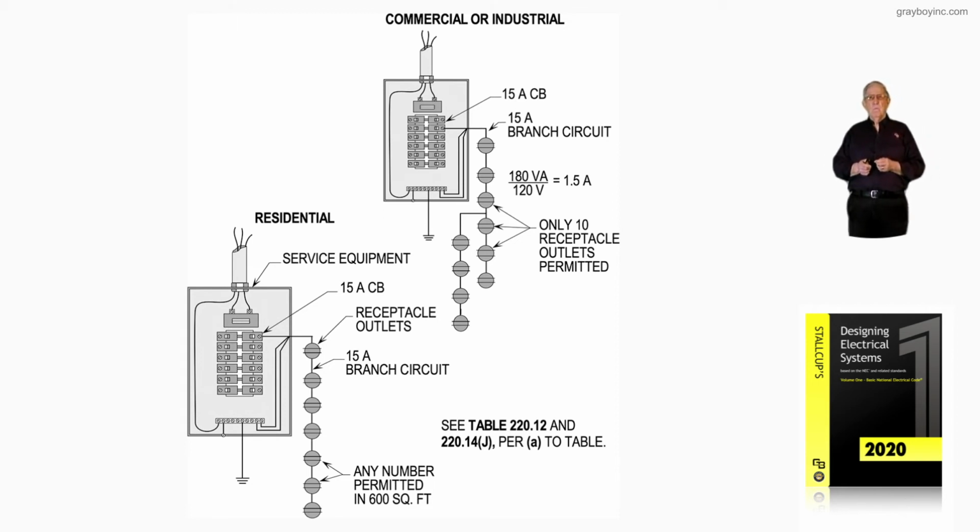We'd come up with 1.5 amp. Now 1.5 amp into, say, a 15 amp circuit, you're restricted to 10 outlets if it's continuous type loading.